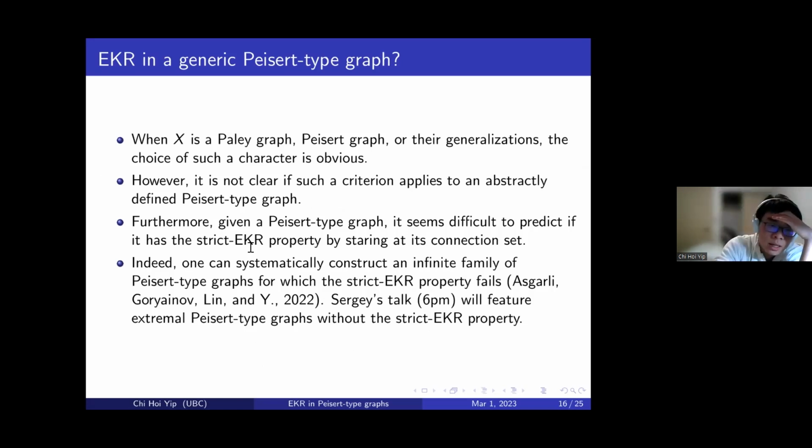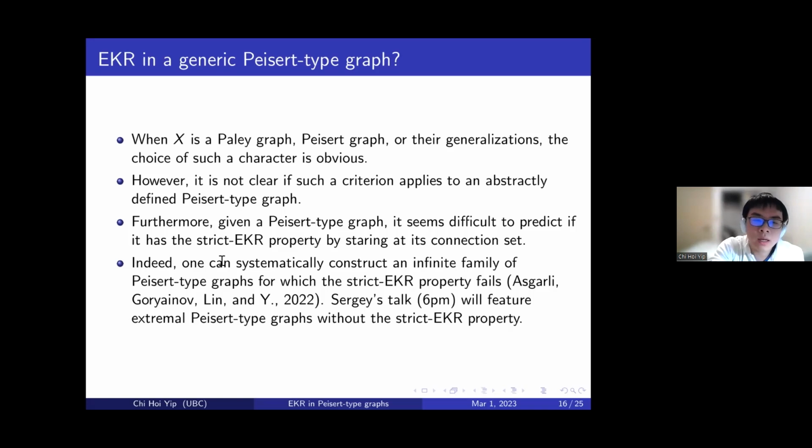And also another difficulty is that given a Peisert type graph, there is no simple way to see whether the graph has the EKR property. So by just looking at the connection set, it's hard to predict whether the EKR property holds or not.